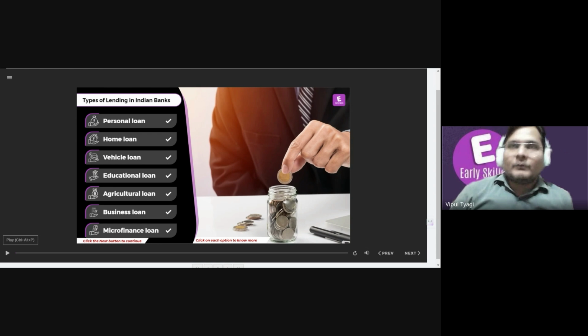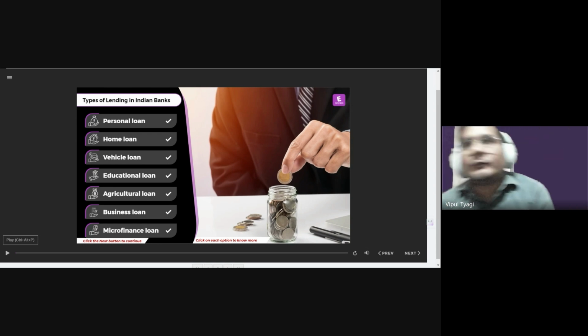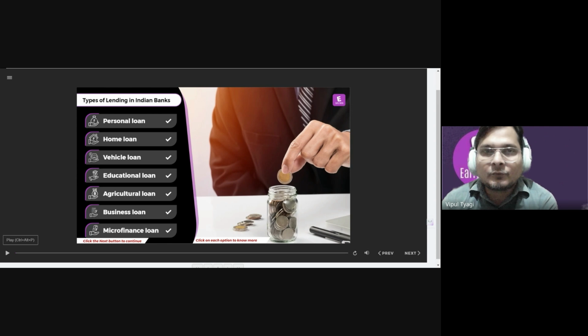Even if you are not doing a job, if you are self-employed, you can show your bank statement of the last 6 months to the bank, saying that I am earning such and such income, from the last 2 years, 3 years. On that basis, the bank will give you the loan, a personal loan, an unsecured loan.